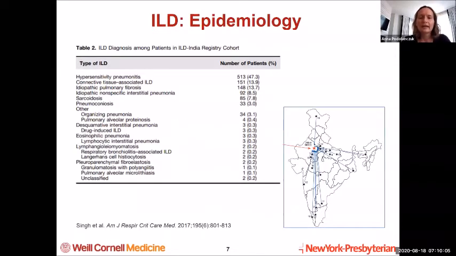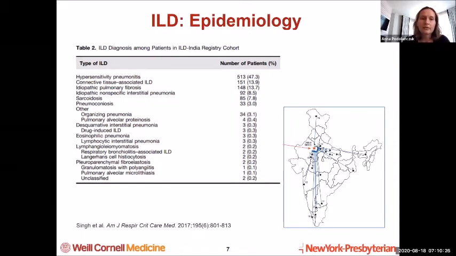I talked about the US, but this was another study out of India looking at the ILD registry in India, where they examined and reviewed clinically over 1,000 patients with all types of interstitial lung disease.